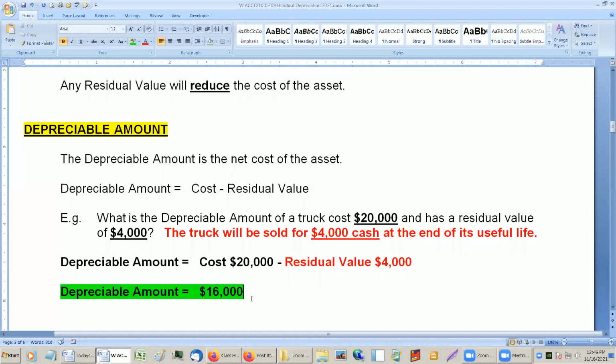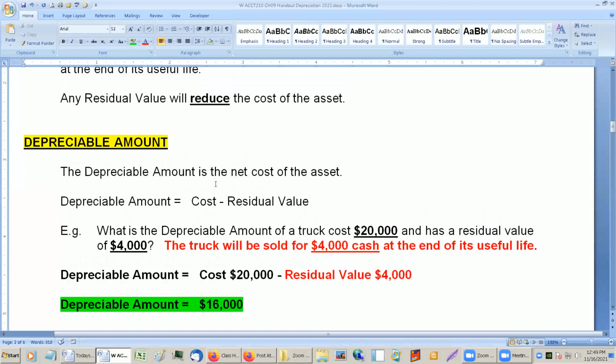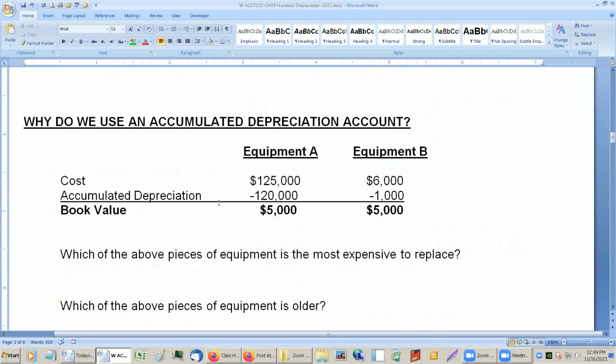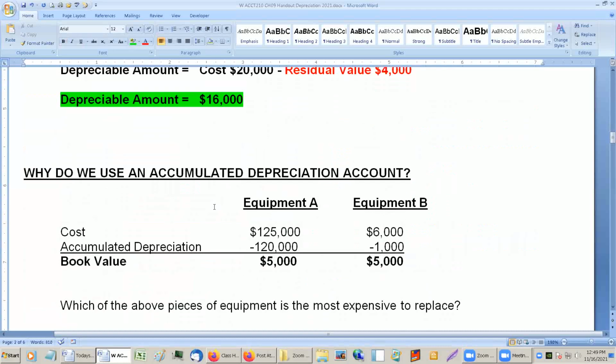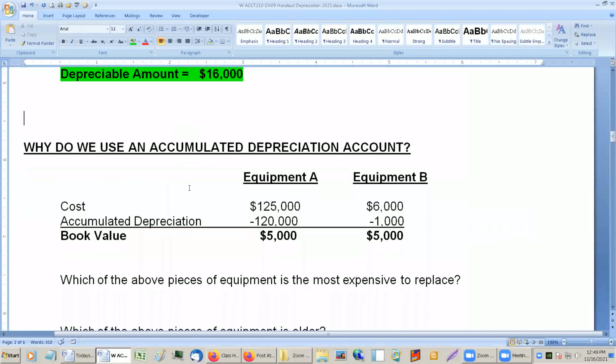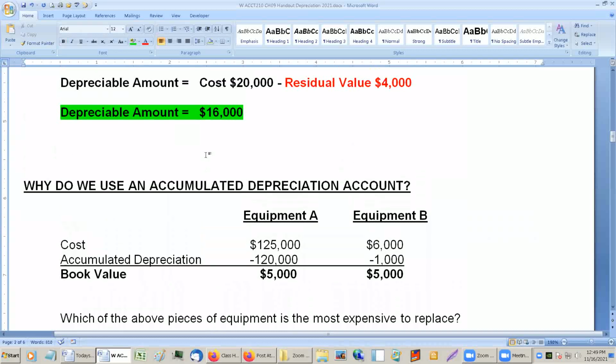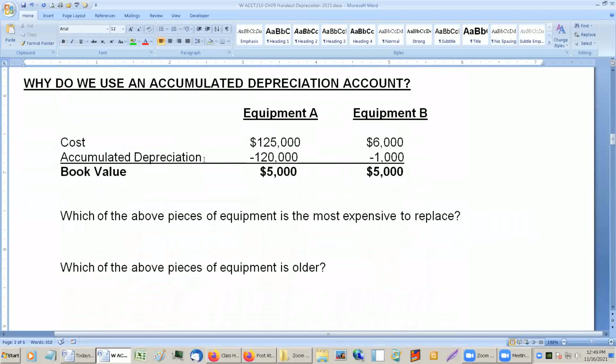I know this is a lot. There's a lot of wacky terms in that, and I'm positive I used this in class before. But why do we use the accumulated depreciation account? This kind of illustrates why we did. I think I even used the same numbers when I did it in class.